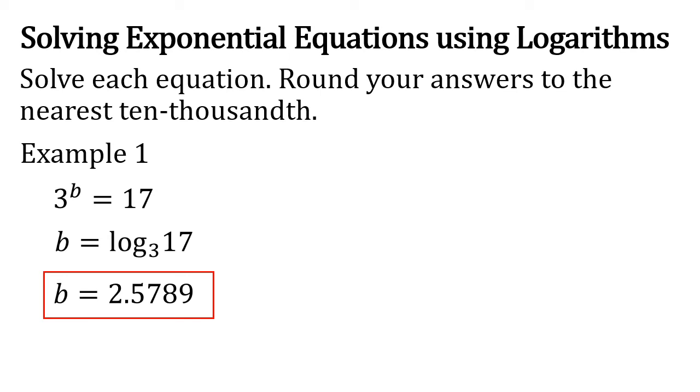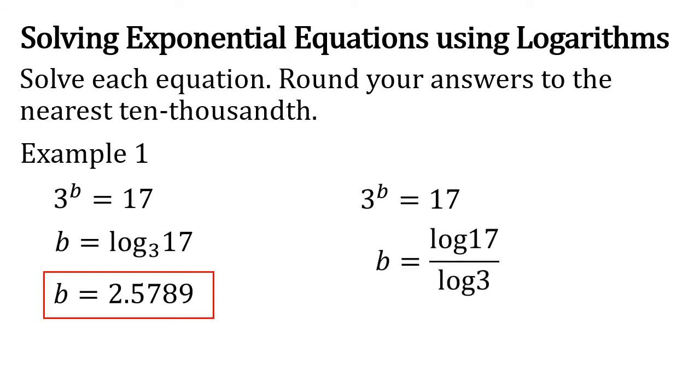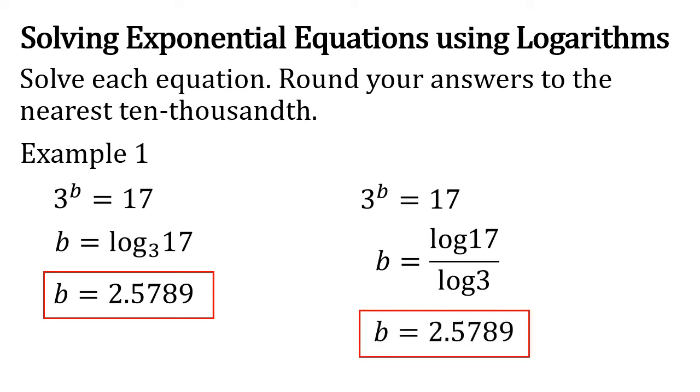But if you don't have that kind of calculator, you can make use of logarithms. Like I said before, the numerator will be log 17 and the denominator will be log 3. So b equals log 17 divided by log 3, and the answer is also 2.5789. They're going to have the same answer.